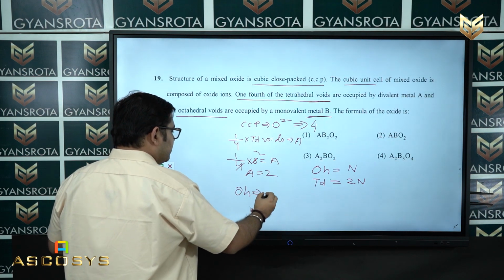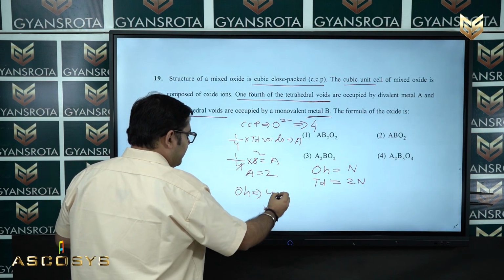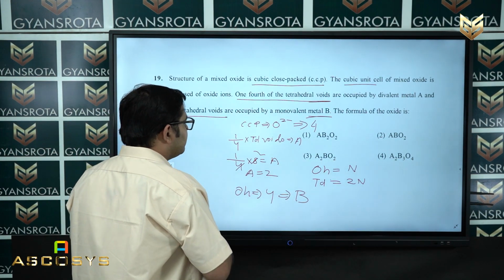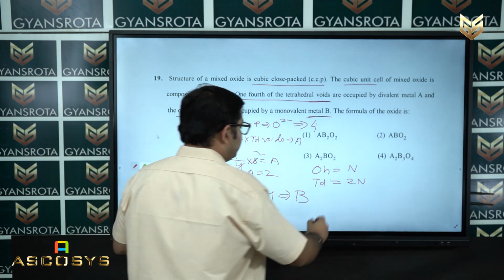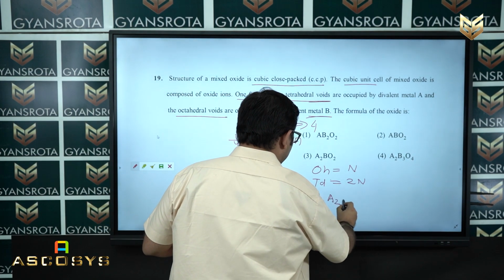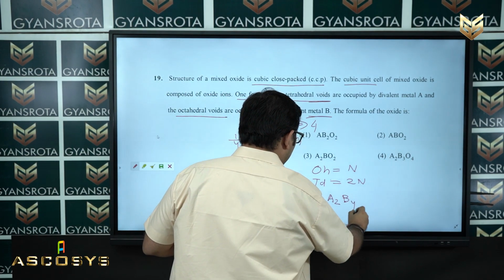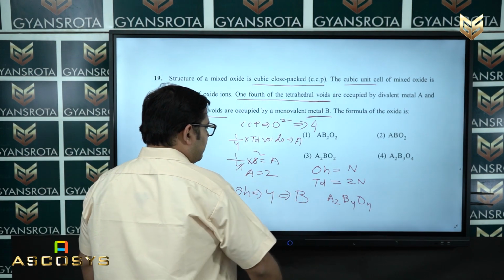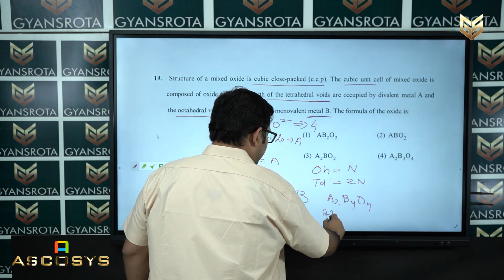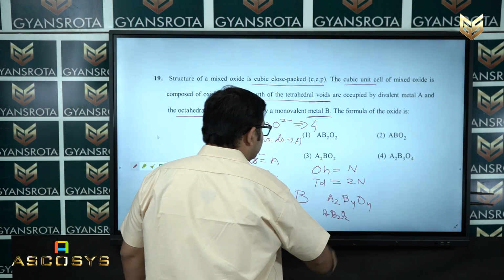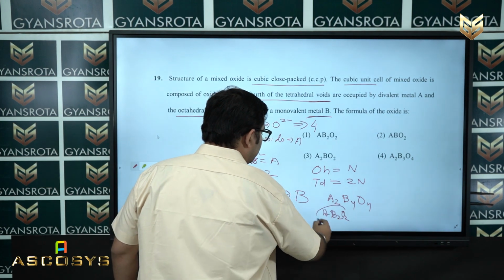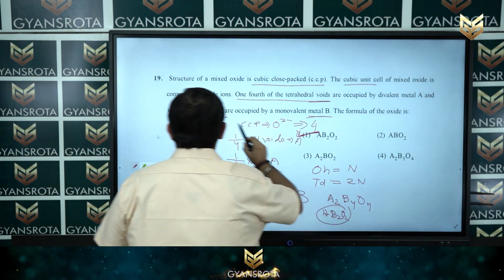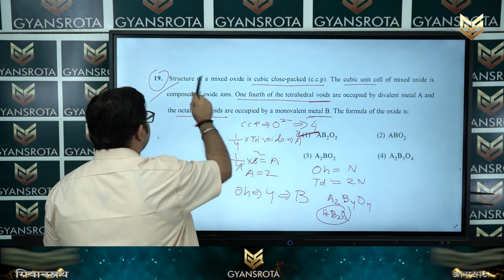It will be 4, and then B is equal to 4. So what are you obtaining here? A 2, B 4, O 4. Solving this, A B 2 O 2, and AB2O2 is the correct answer, that is option number 1 is the correct option of question number 19.